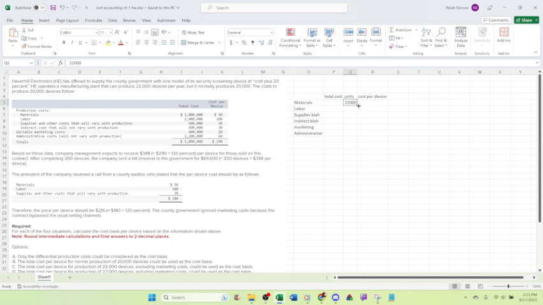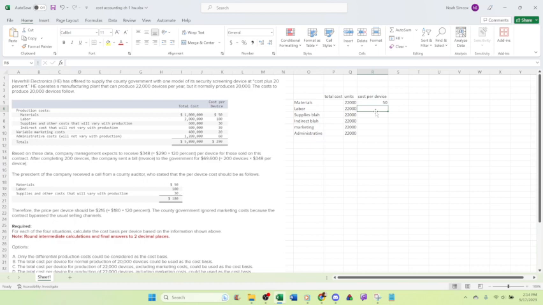Units is the same every time. The total cost is either variable or fixed. Materials is variable. The cost per device for that will not change.